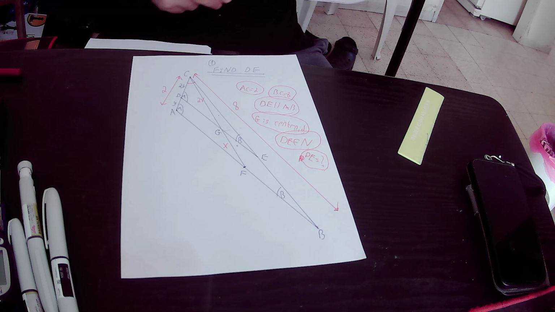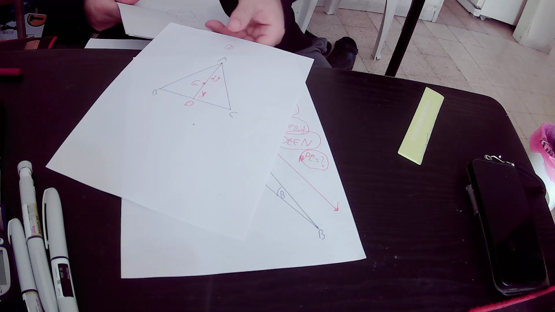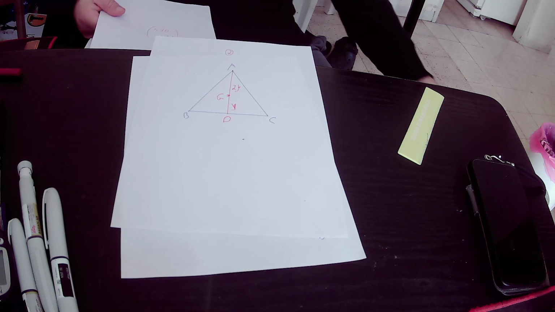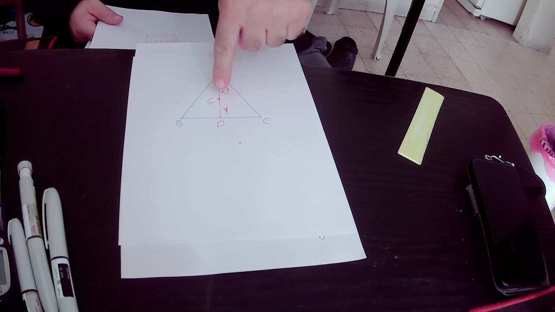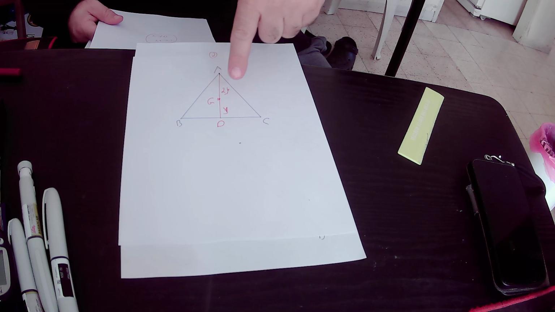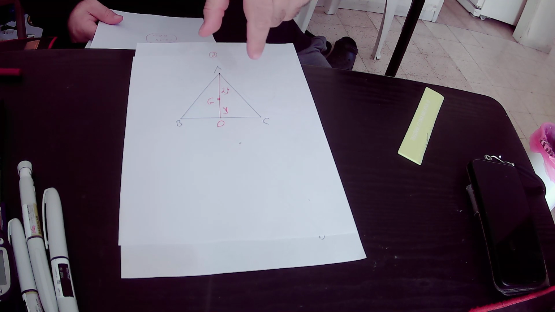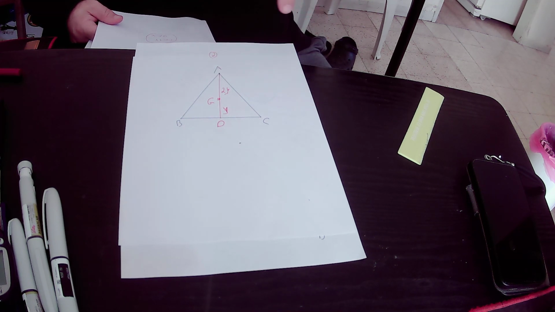And we know that in triangle ABC, if G is the centroid of triangle ABC, and AD is the median of triangle ABC, that is to say, it divides side BC into 2 equal parts, that is to say, BD equals DC. It bisects side BC.